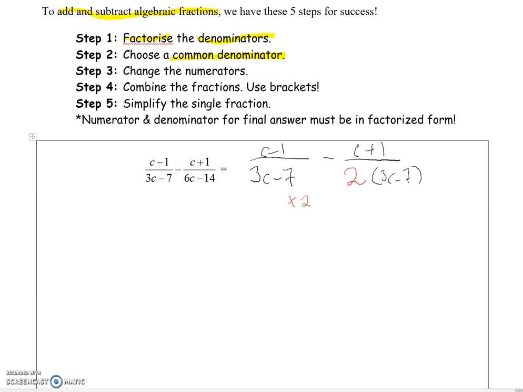And by doing that, we also need to multiply 2 to the numerator of the first fraction. So we will have 2 multiplied by the numerator of the whole first fraction over 2 multiplied by the whole denominator of the first fraction. Then we just copy down the second fraction.